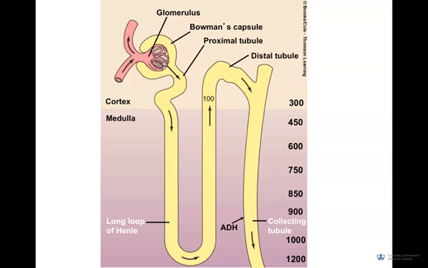So the medullary countercurrent system involves both the osmotic gradient, which is established by the long loops of Henle of the juxtamedullary nephrons, and the collecting ducts of all the nephrons, which use the medullary osmotic gradient to produce urine of varying concentrations.